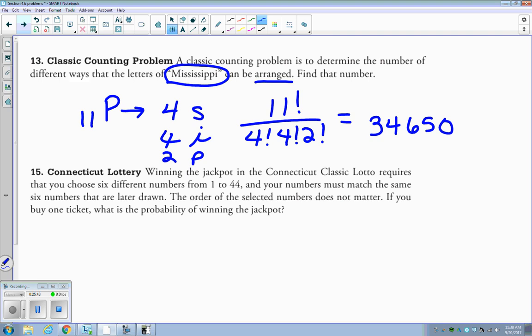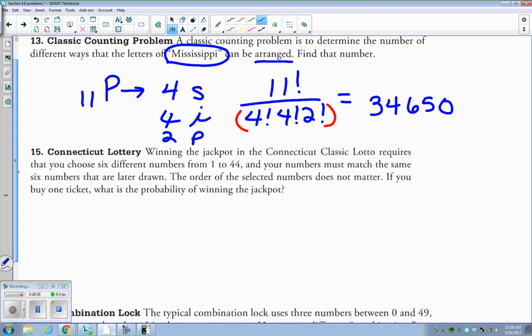So there's 34,650 different ways to arrange those letters even when they have identical letters. And when entering it, you have to use parentheses in your calculator. If not, you're going to get a much larger answer.